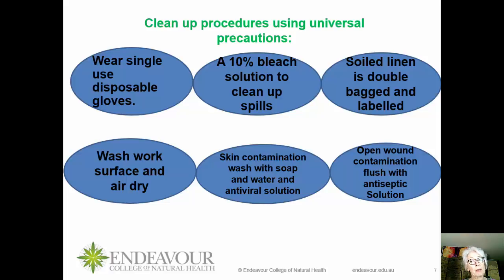Soiled linen is double bagged and labelled. You would wash the work surface and air dry it, so leave it out in the air to dry, or if you've got a hairdryer, let it dry. Who has a hairdryer at hand in the natural medicine clinic? But get it out into the air to dry. For skin contamination, wash with soap and water and an antiviral solution. And for open wound contamination, flush with an antiseptic solution.